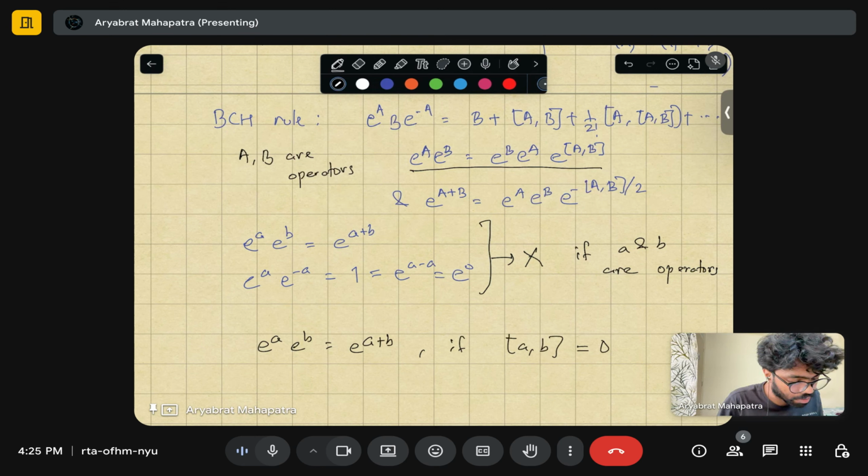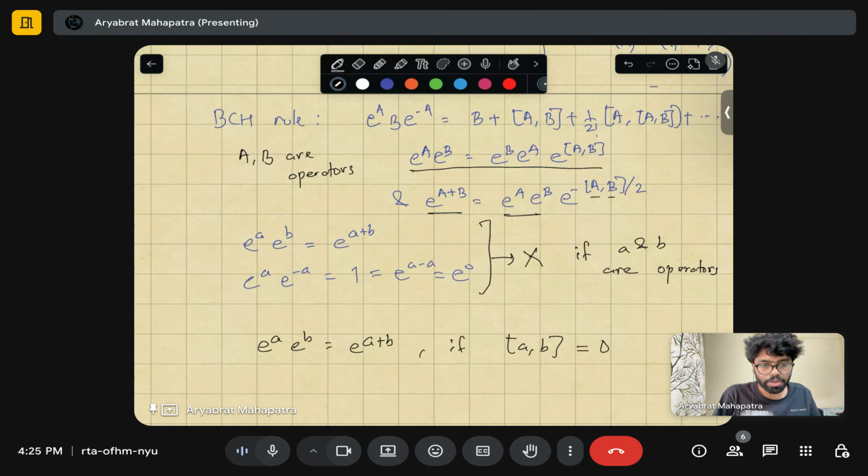If the commutator of A, B is 0, then e to the power of operator A multiplied by e to the power of operator B will give you e to the power of operator A plus operator B.